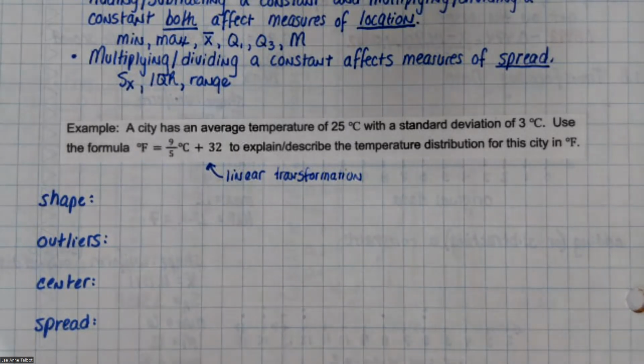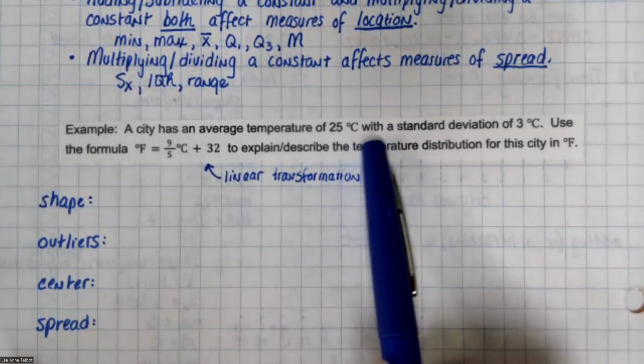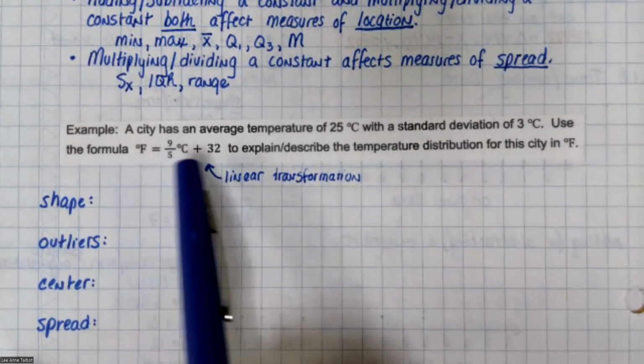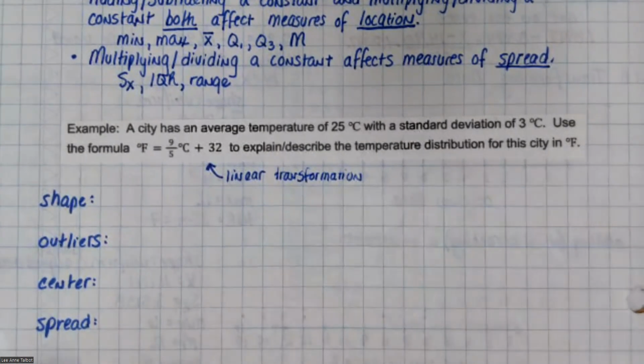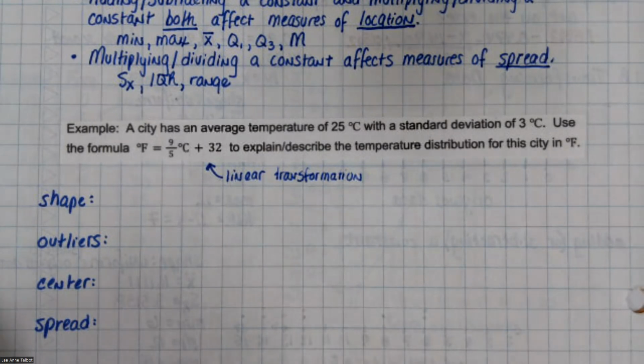Okay. A city has an average temperature of 25 degrees Celsius with a standard deviation of 3 degrees Celsius. Use the formula to describe the temperature distribution for this city in Fahrenheit. Do we know the shape of this distribution?